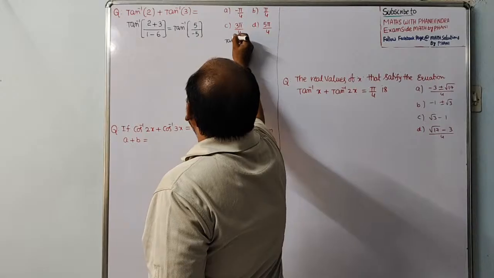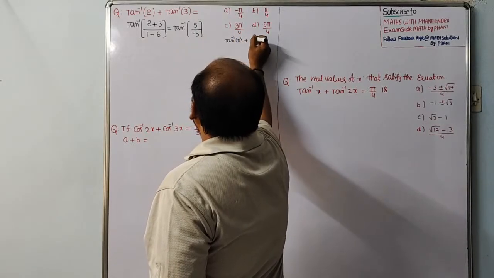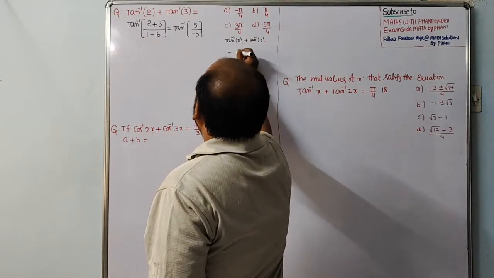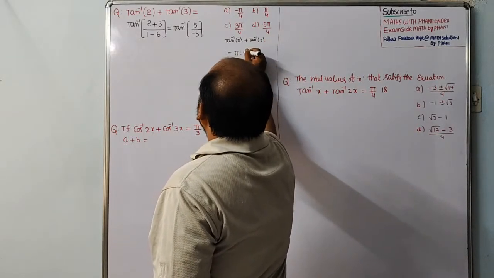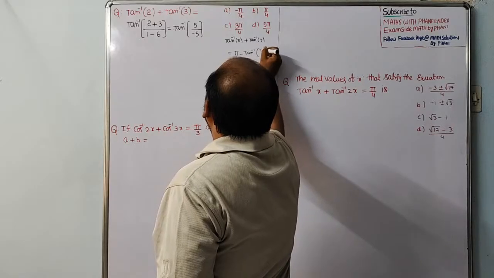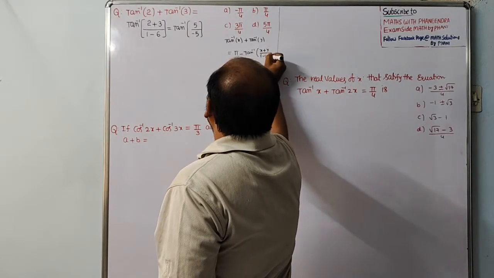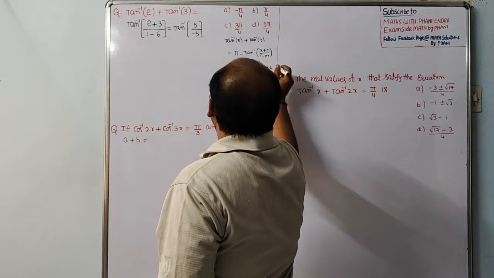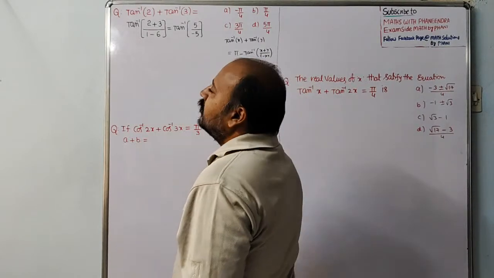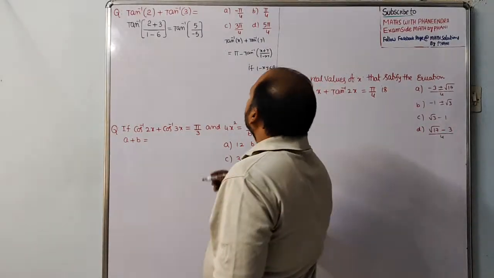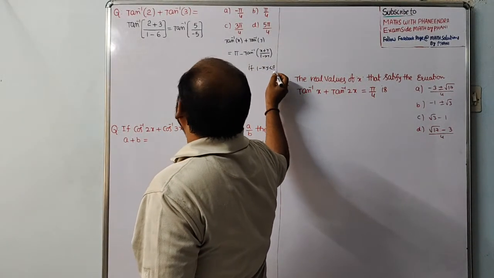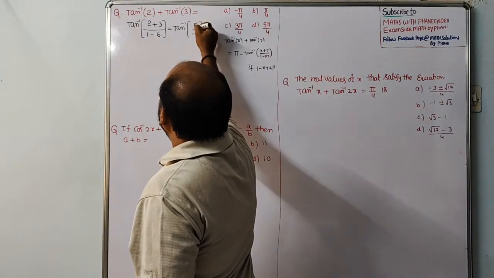Tan inverse x plus tan inverse y is equal to pi minus tan inverse of (x plus y) by (1 minus xy) if 1 minus xy is less than 0. So 1 minus xy is minus 5, which is less than 0 only. So that is the reason.